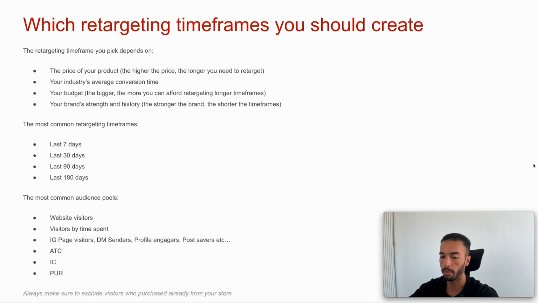And what you guys have to keep in mind is that you should always make sure to exclude visitors who purchased already from your store. The reason being is you do not want to show the same product your customers have bought from you already on their Facebook feed. Now, what you can do to bypass this issue is create an audience of people who have already purchased a product and then show them an upsell on their Facebook feed as a retargeting ad.